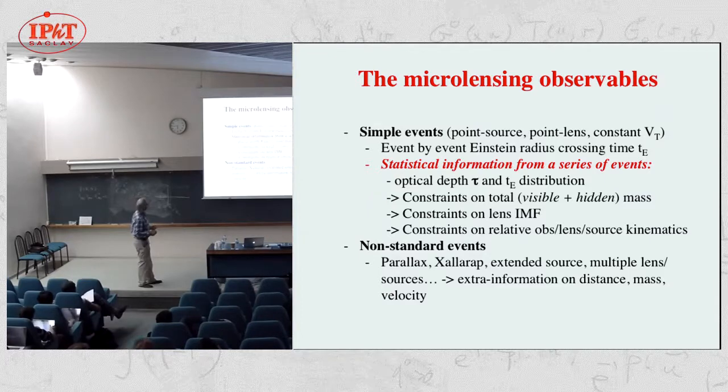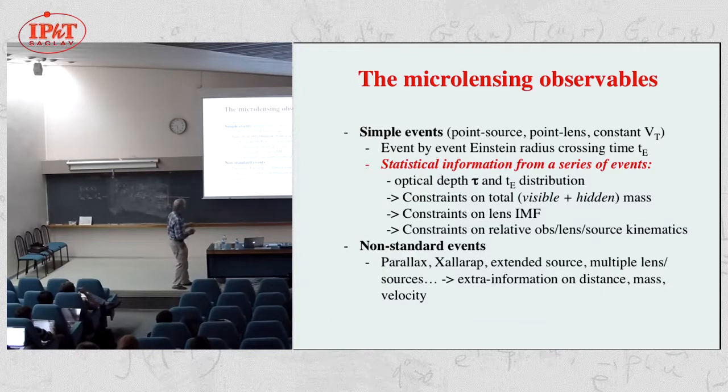Now, if you have a series of events, you get statistical information, like the optical depth. I said before, it's just the probability for the stars to be behind Einstein radii. And the distribution of the Einstein duration also gives you some constraints.